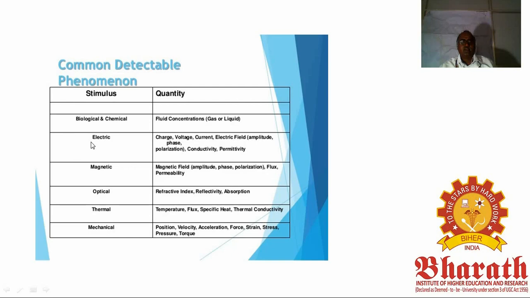The electric stimulus may be of any type such as charge, voltage, current, even electric field, whose amplitude, phase and polarization ought to be concluded. Conductivity is also another parameter in electrical phenomena to be measured.